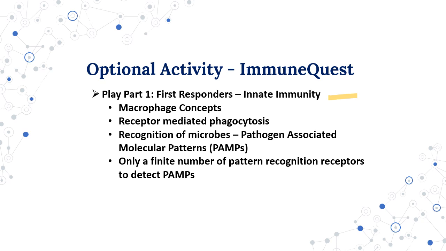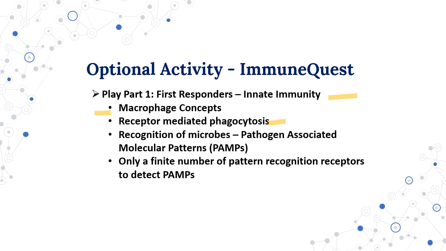So they do have some nice concepts that are explaining the work of macrophages. Those are the big eaters, so the cells that eat a lot. Those are the macrophages. And then you have here the process of phagocytosis. That's the process of eating stuff. It could be microorganisms, or it could be cellular debris.